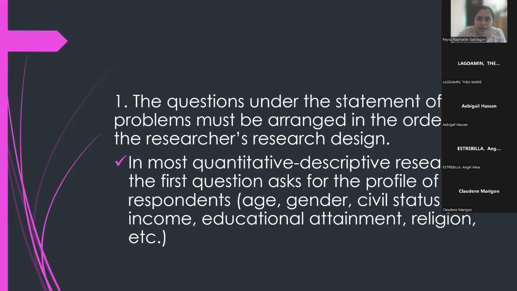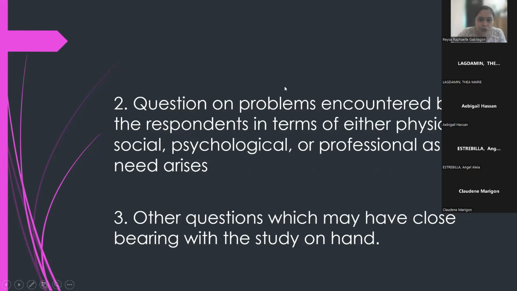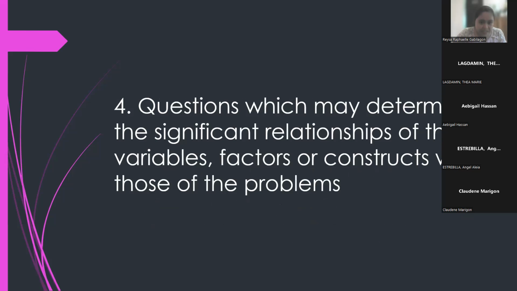Okay? And then aside from that, you have to include syempre questions that will also answer the condition of your respondents physically, socially, psychologically, or professionally, depending on your research topic. And other questions that are actually relevant in your research.